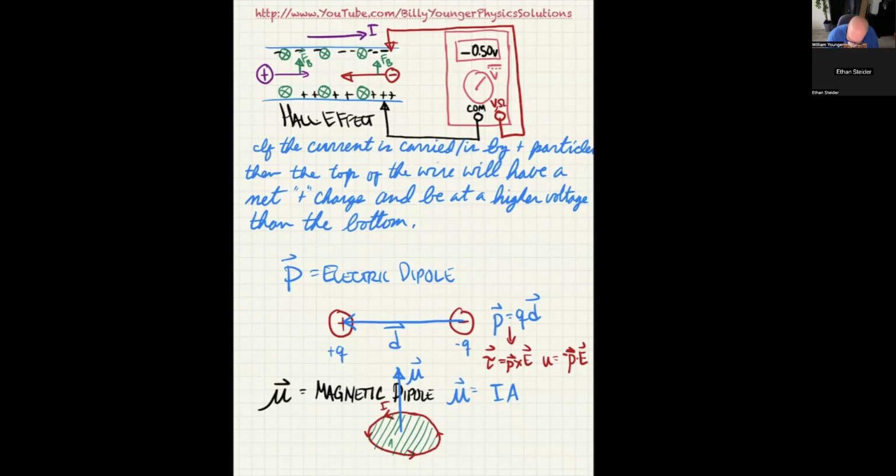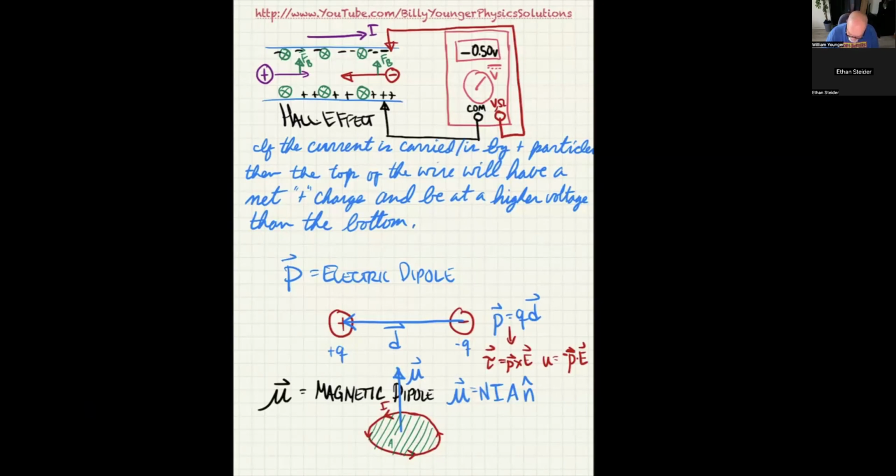And I'll just say in the n hat direction, just because I need a direction that's perpendicular, or normal, to the actual loop of wire. But the main thing is if I had more than one loop of wire, then the magnetic moment would be N times I times A, where N is the number of loops, I is the current going through each of the wires, and A is the area.